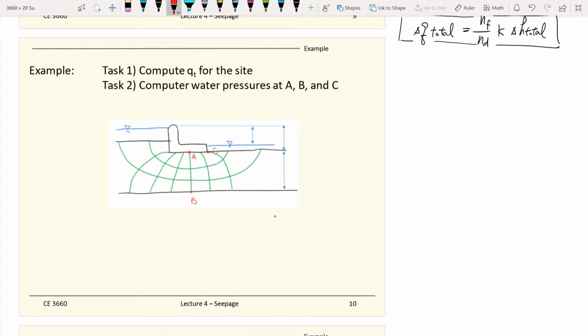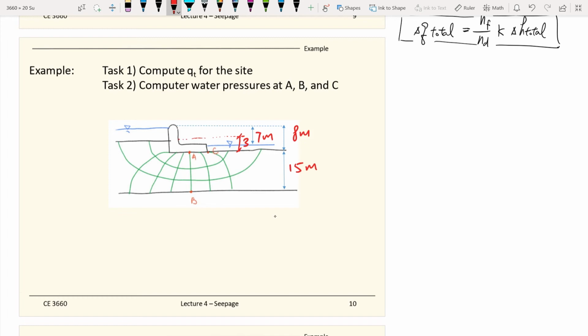We are lacking some information about the elevations, so assume this is 15 meters, this is 8 meters, and this is 7 meters. And also let's assume that from this point to this point is 3 meters. That should provide the information that we need.